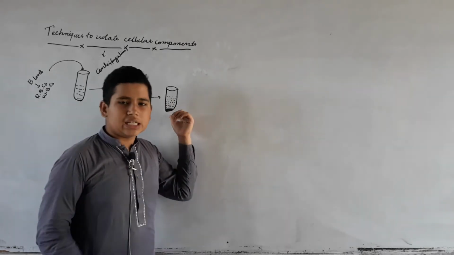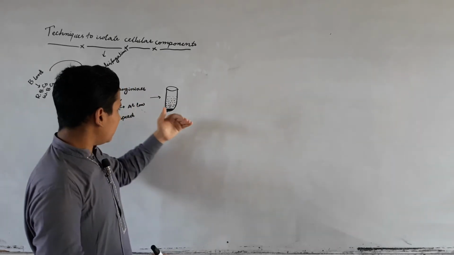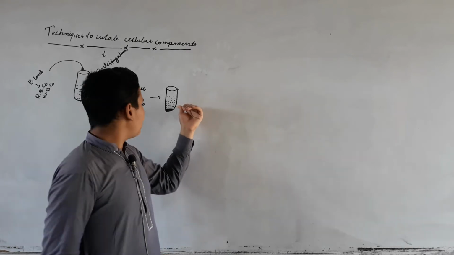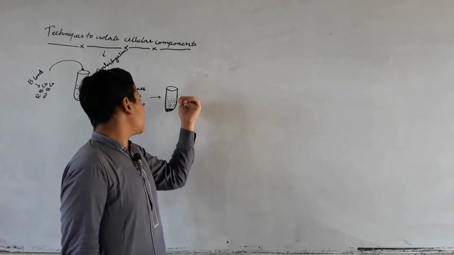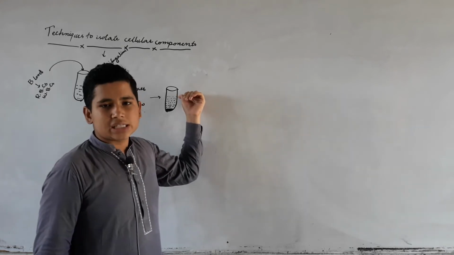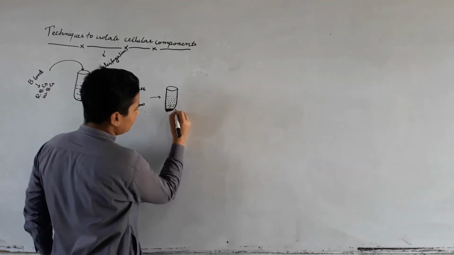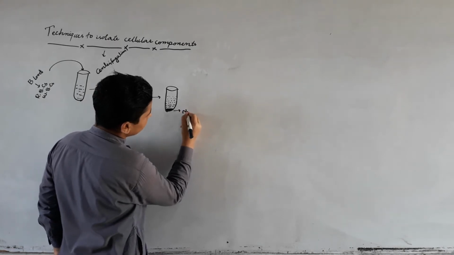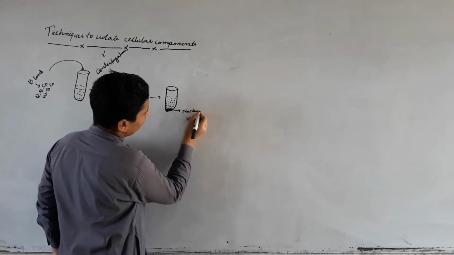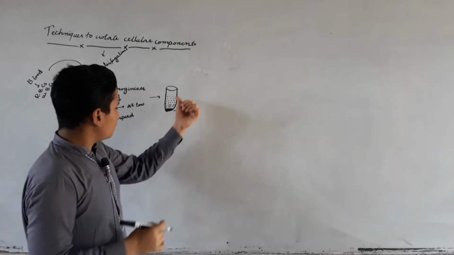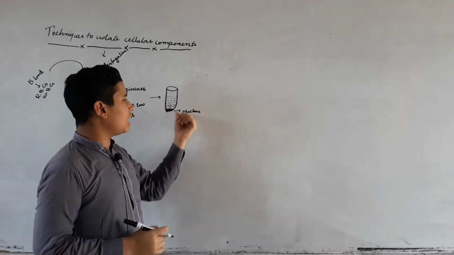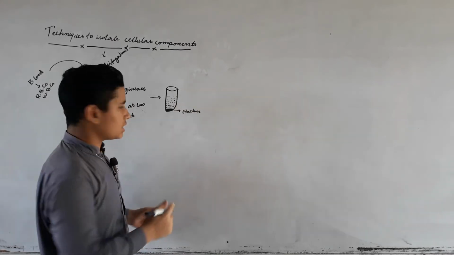Means the heaviest particles at the bottom, then lighter particles above, then some lighter particles, and then the lightest particles at the top. The heaviest particles, like the nucleus, will be at the bottom. You can see that these parts are distributed into fractions.